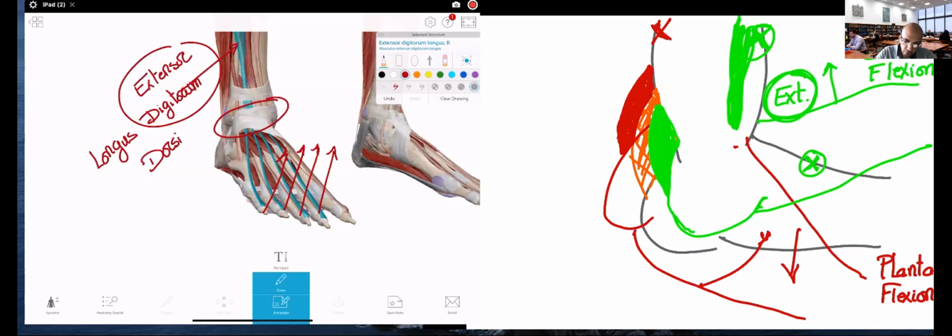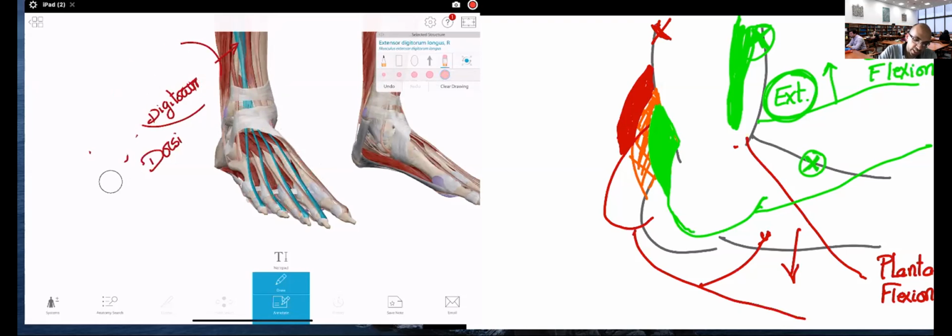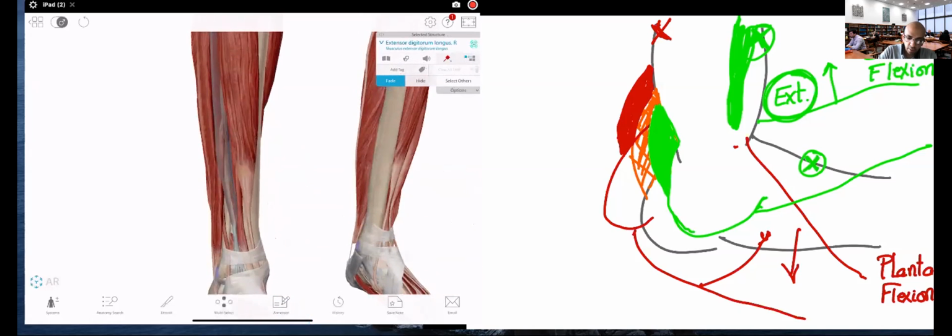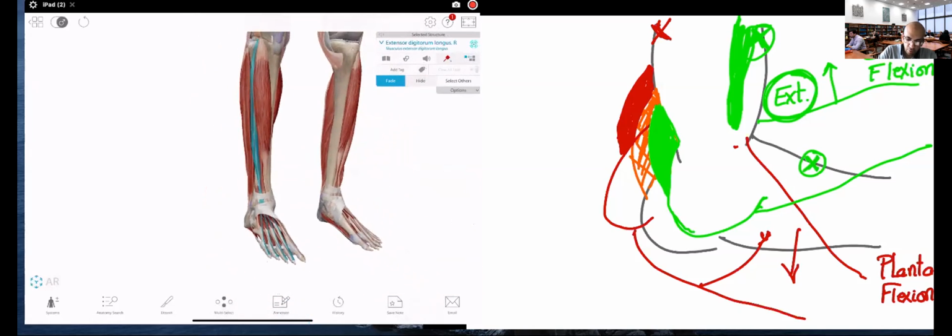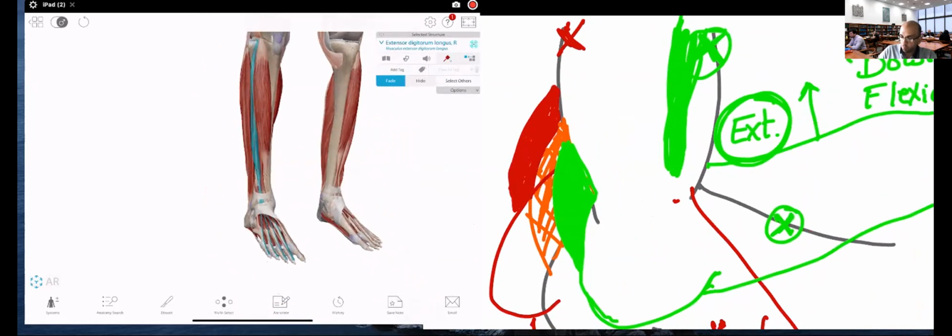So again, what muscle are we looking at right now? We're looking at a muscle located in the anterior aspect of the leg. And now you understand, located in the anterior aspect of the leg, what action would I be performing? I'm performing dorsiflexion, which corresponds to what movement? It corresponds to the extension. So I will call this muscle my extensor.